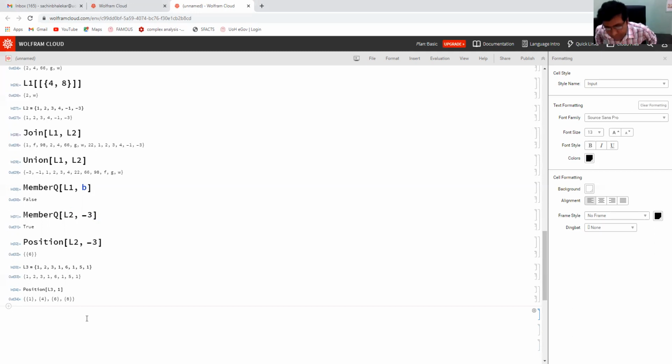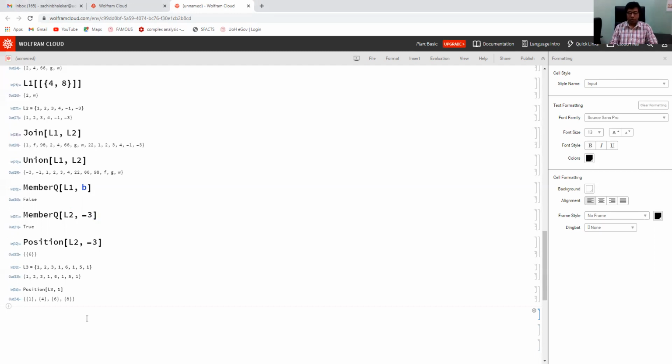Yes. In some cases, we have a formula to generate a list. So how to use that formula? For example, elements have some pattern. Elements of the list are say 1 square, 2 square, 3 square, 4 square, up to 10 square. So instead of putting all these members manually, we can use that formula.